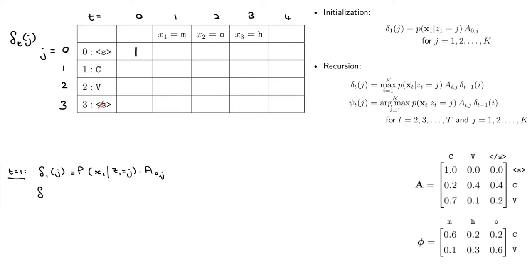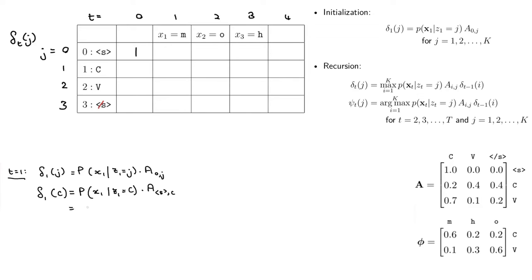So the delta at time step 1 for being in a consonant is equal to P of the first observation given the state consonant, times the probability of transitioning from my start symbol into a consonant.